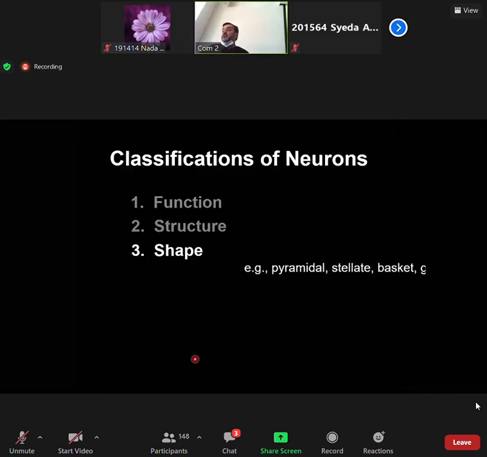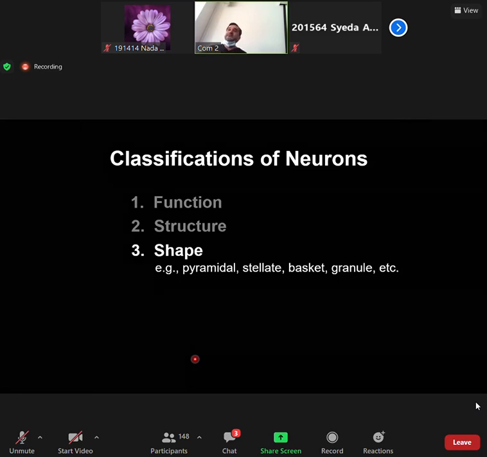Then based on the shape, you can give them the name pyramidal because you saw the cell body triangular, so you gave them the name as pyramidal. Stellate, if they have a star-shaped cell body, then they are called stellate cells. If they have more of a basket-shaped cell body, then it's basket cells, granule cells. So based on the shape of the cell body, the neurons also have been given their names.